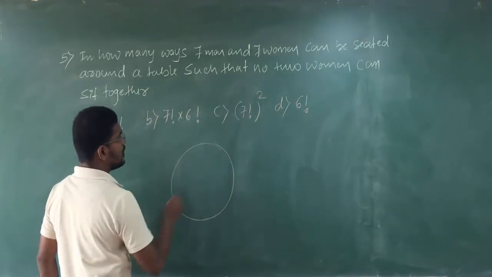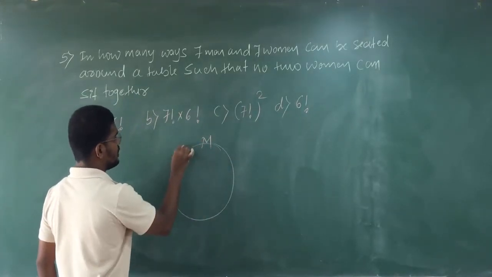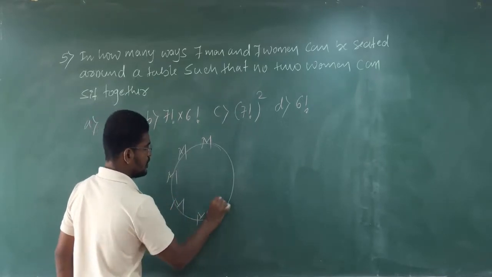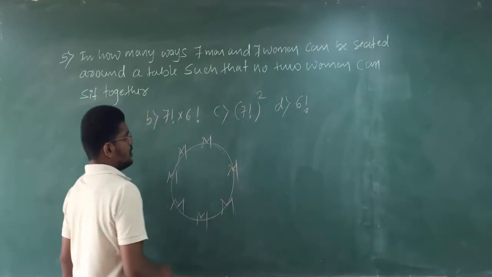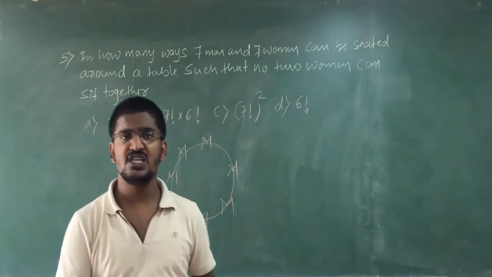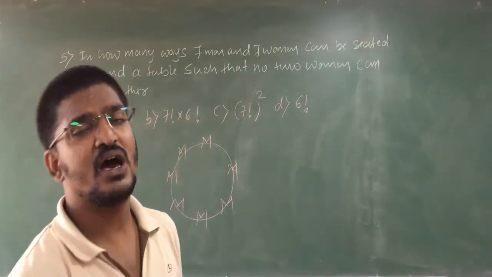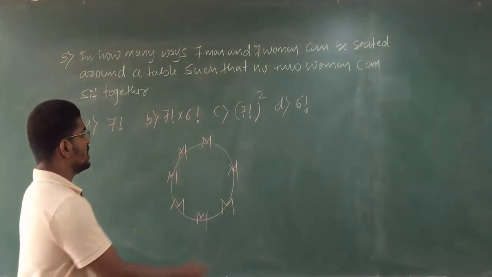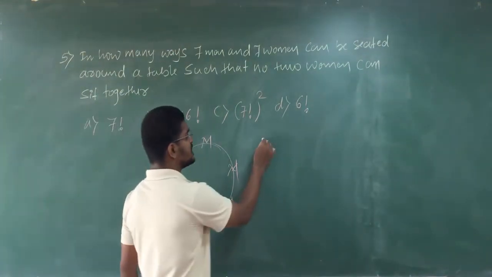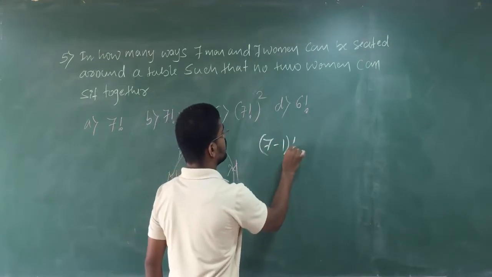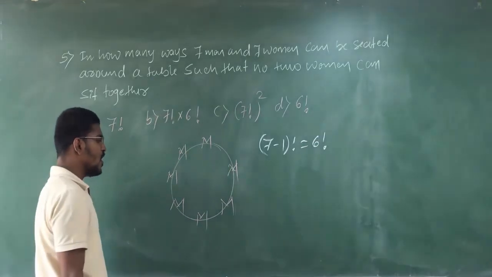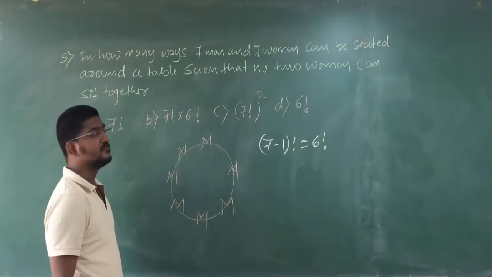Round the table, I will arrange 7 men. So we have arranged 7 men round the table. Now what is the arrangement of these 7 men? That is 7 minus 1 factorial, that is equal to 6 factorial. Clear? Okay. Now let us choose the places for women.